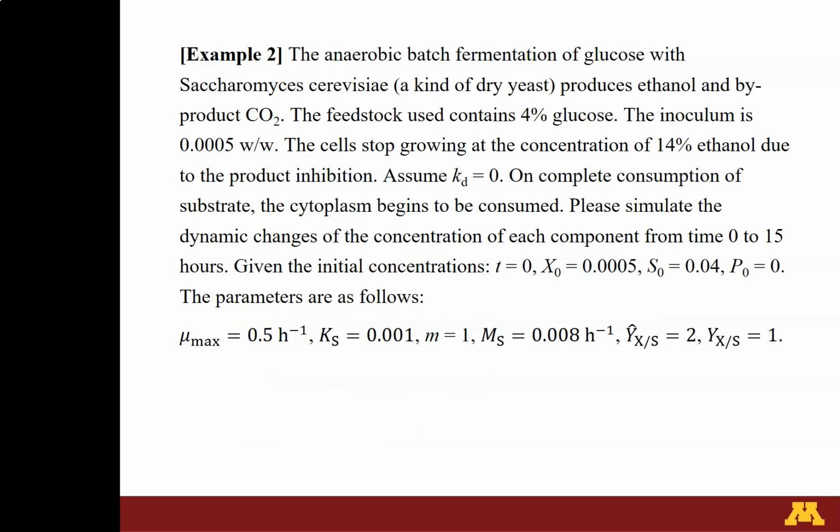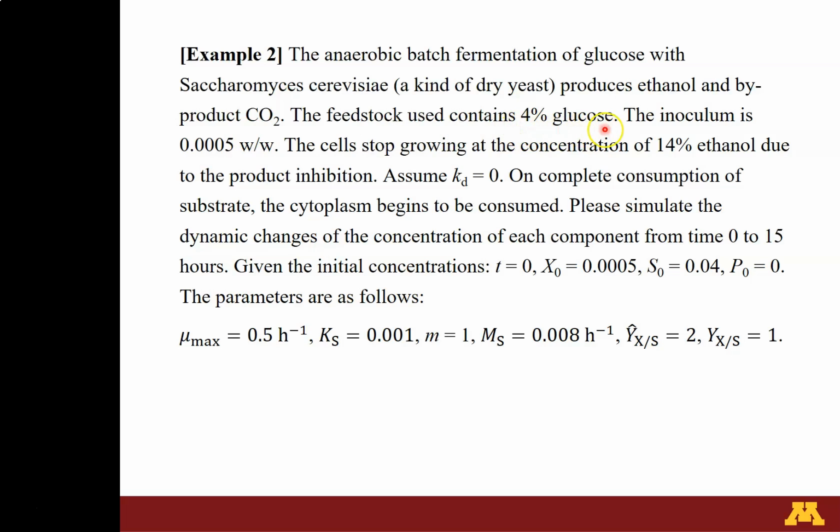Here is an engineering example about the anaerobic batch fermentation of glucose. Fermentation of glucose with a kind of yeast to produce ethanol and byproduct carbon dioxide. The feedstock used to contain 4% glucose.